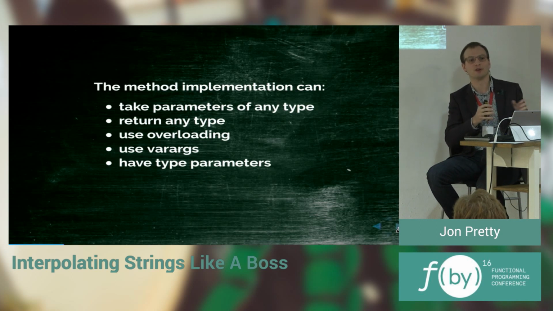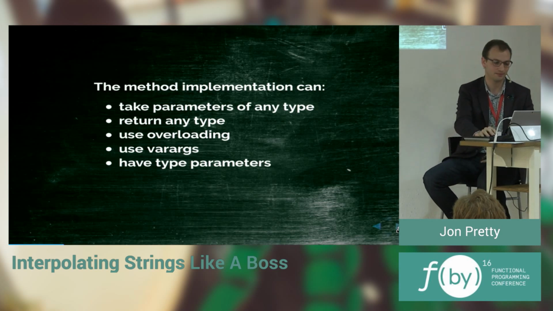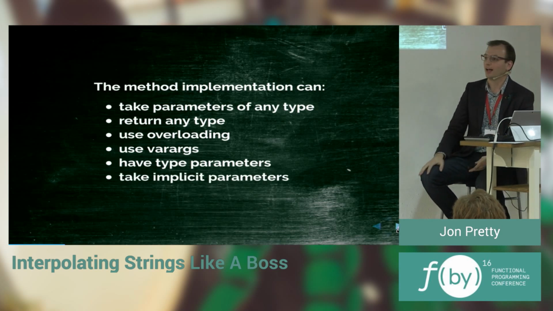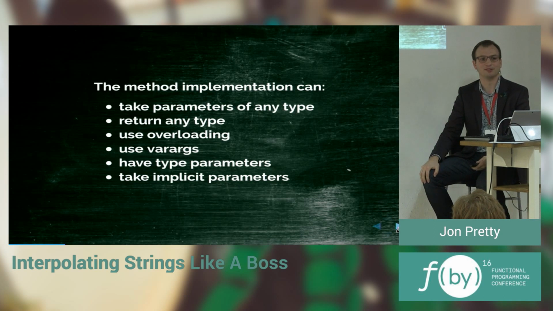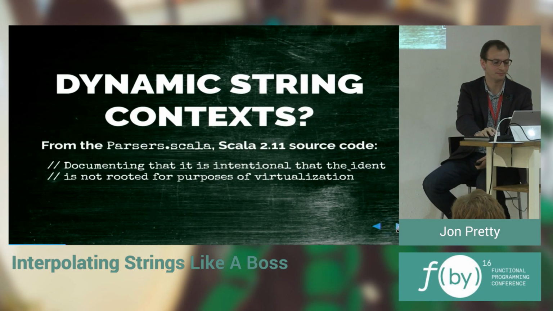It's as if you literally wrote a new StringContext with the literal parts dot s and then applied to the variable parts. And you can also take implicit parameters. There's no reason why you can't do that as long as the code fits that shape. So we have lots of flexibility here.